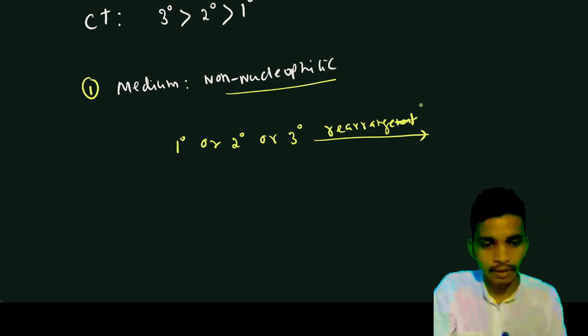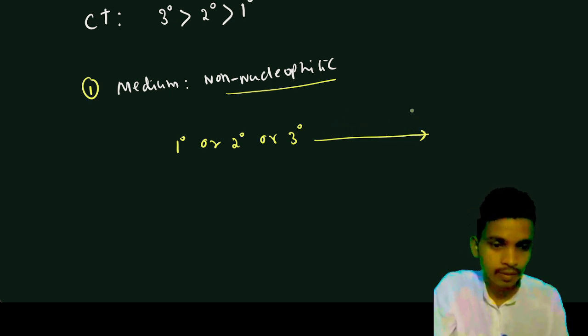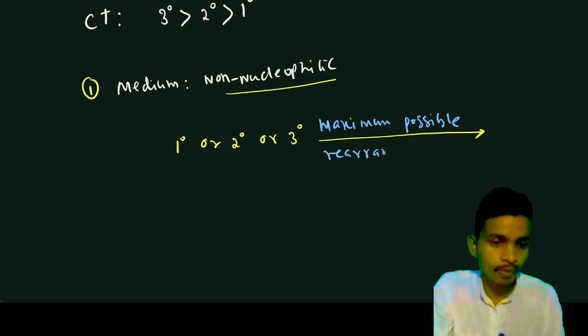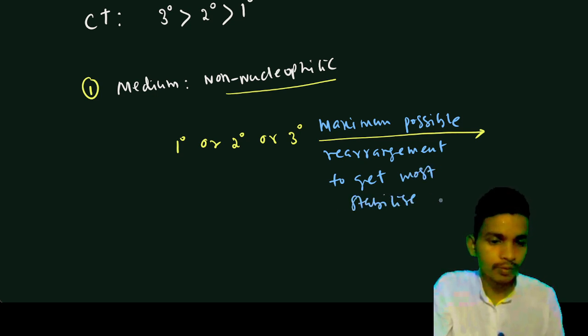The maximum possible rearrangement will happen to get the most stabilized carbocation.